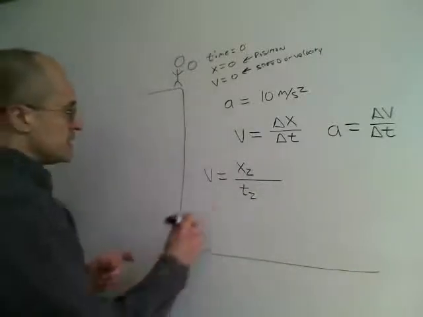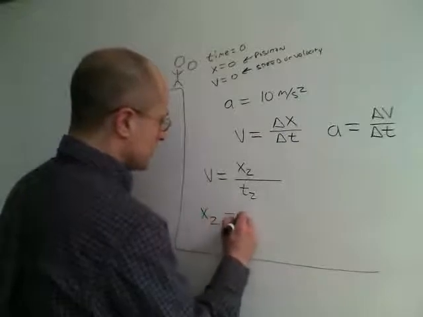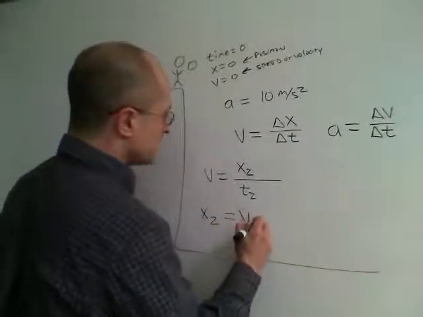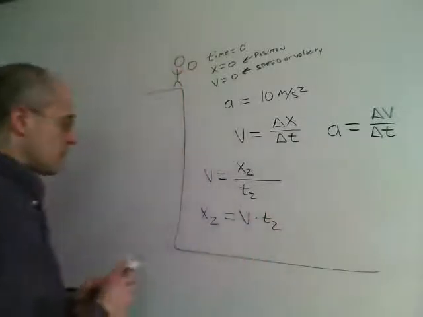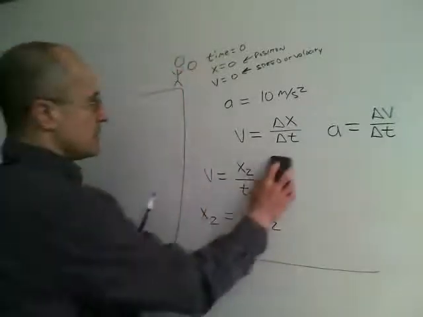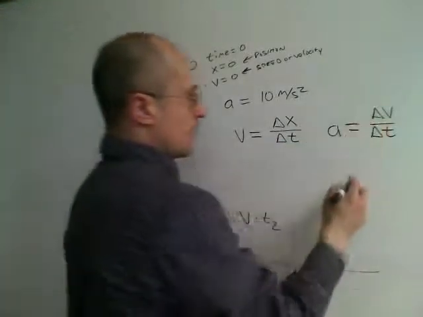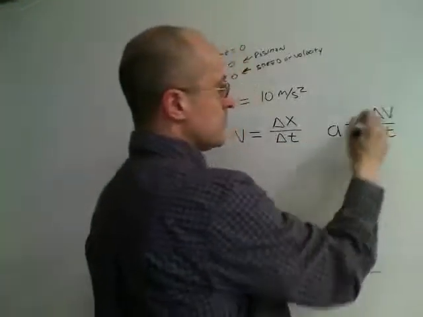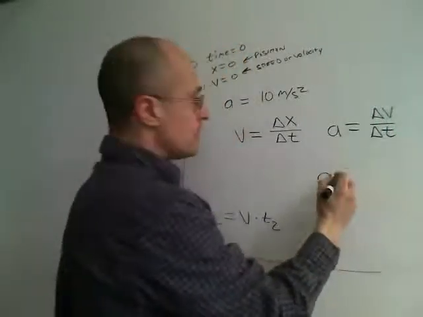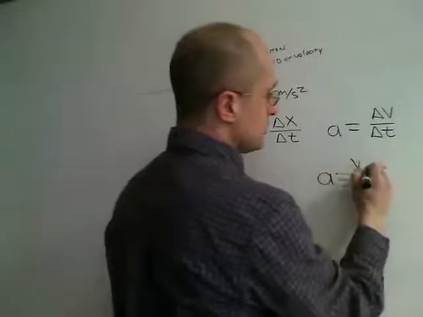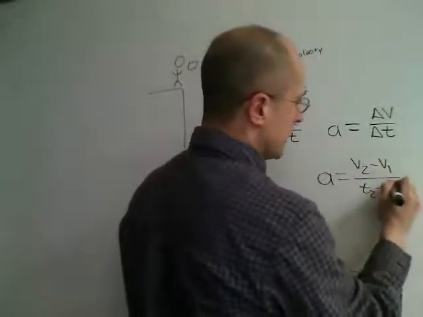So our position is going to be x2 equals the velocity times our time. But this is where it's going to be a little bit weird. When we look at our acceleration, a equals v2 minus v1 over t2 minus t1.